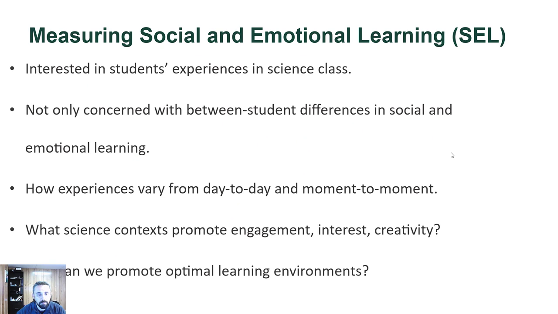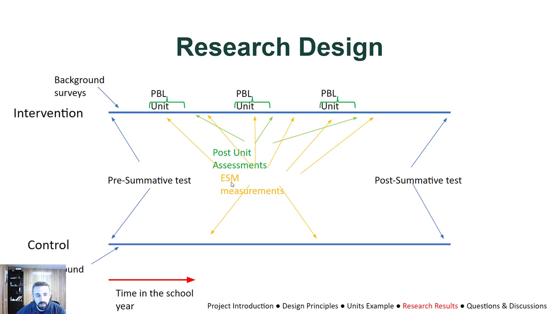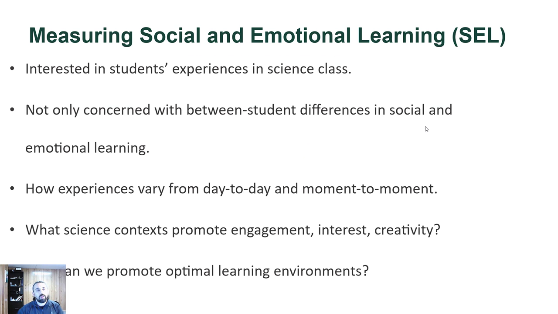When I say social and emotional learning, those yellow marks, we're really trying to figure out how to measure students' engagement. And we decided that the classical survey at the end of the unit and at the beginning of it is not going to cut it, mainly because students are not that uniform.